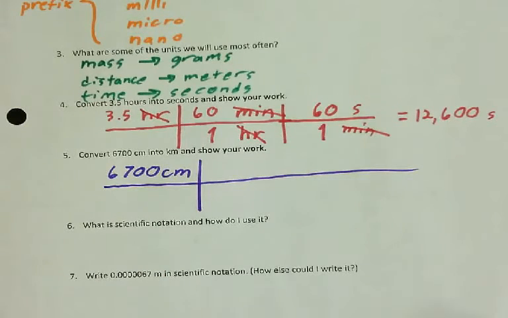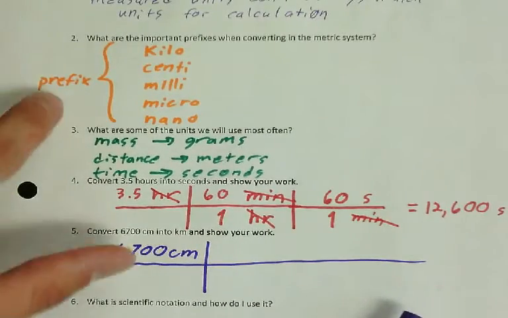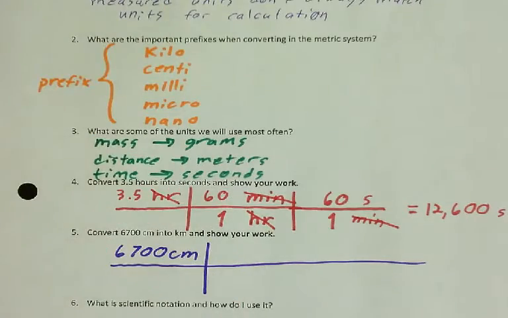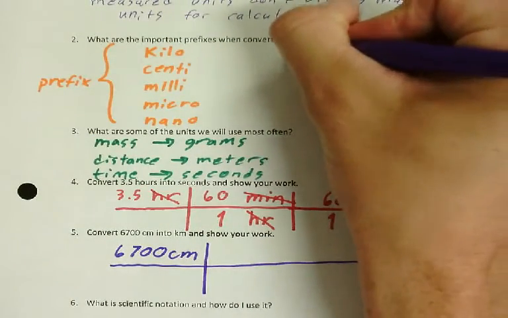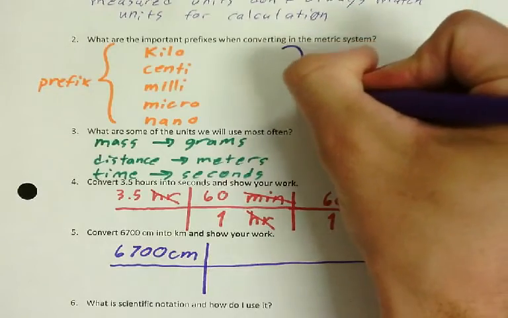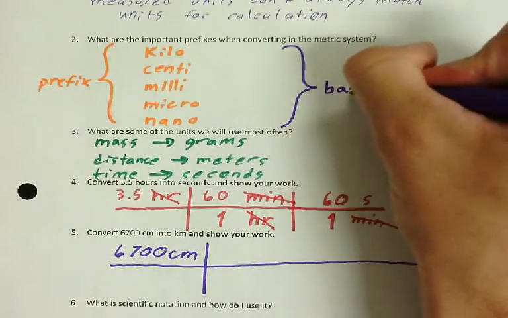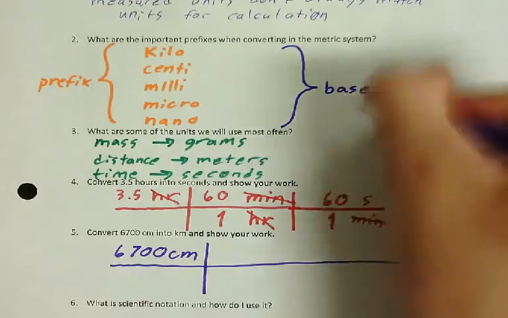And this is where we're going to jump back up to number 2. All right. We have our prefixes. We need to compare all of these to something. And the thing we're going to compare them to is something called the base unit. So this is a base unit.